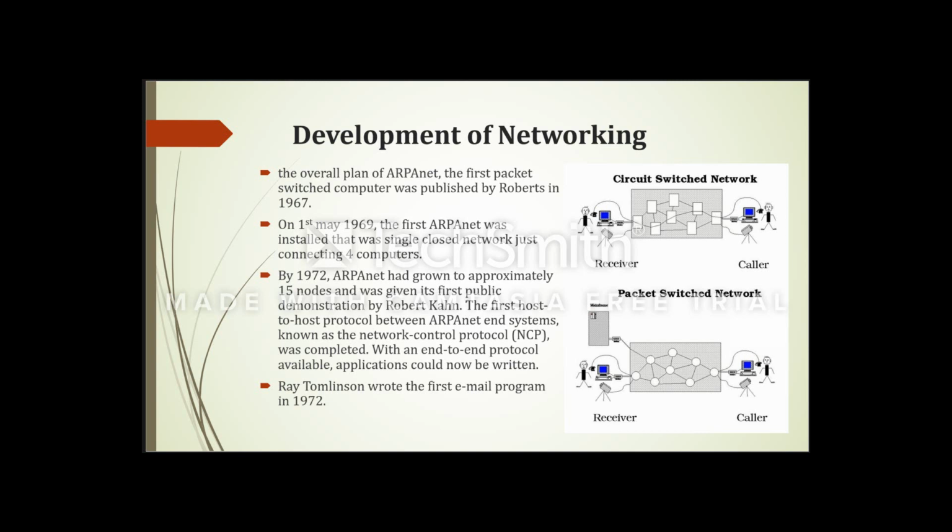Later, it was not used because of so much overload and time consumption, and the idea of the packet switch network came, and ARPANET was the first idea, published by Roberts in 1967. In 1969 the first ARPANET was installed.